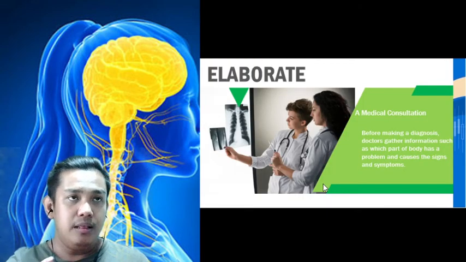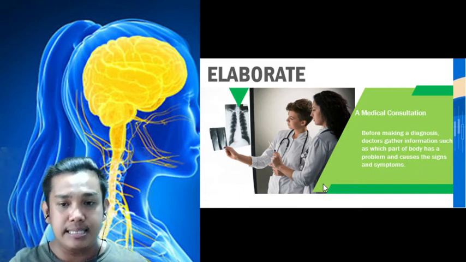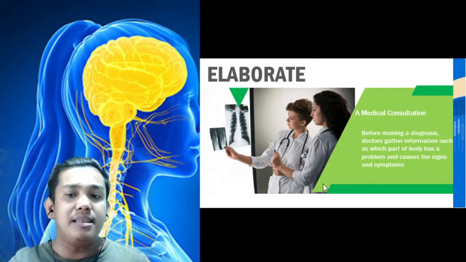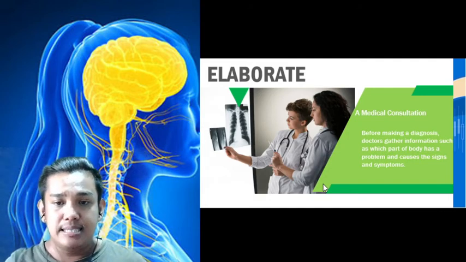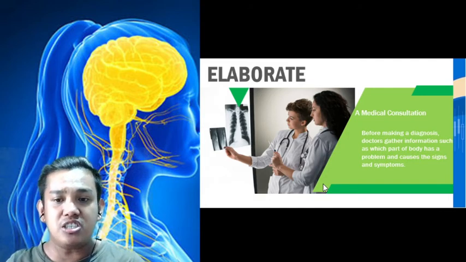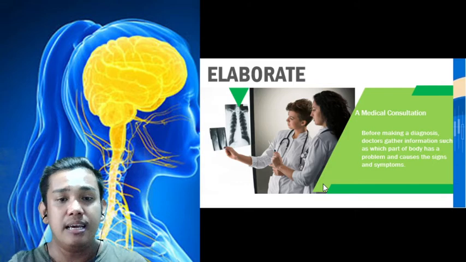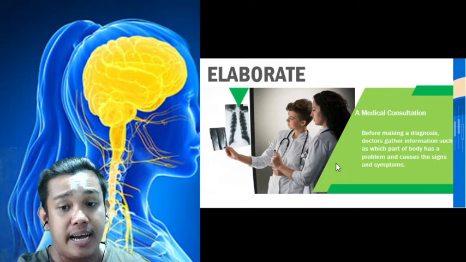Let us elaborate on the system. In a medical consultation, before making a diagnosis, the doctor gathers information such as which part of the body has a problem and what causes the signs and symptoms.